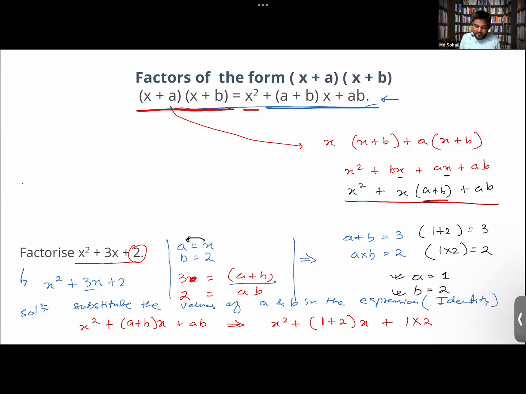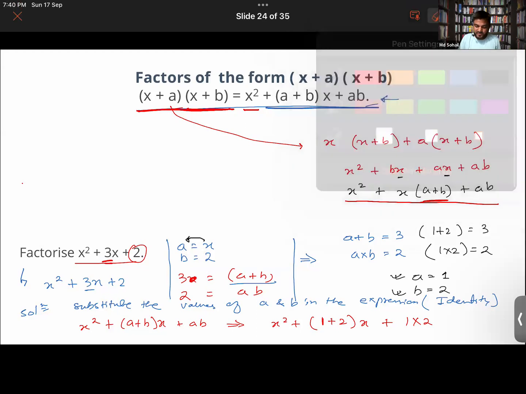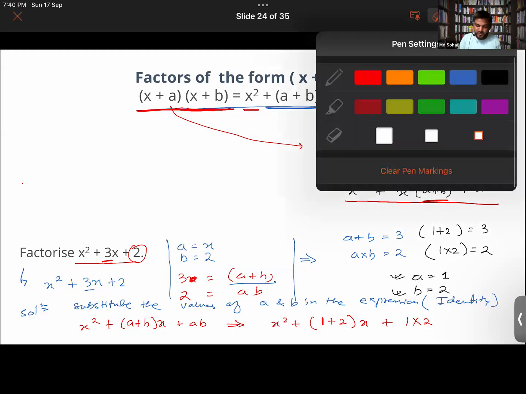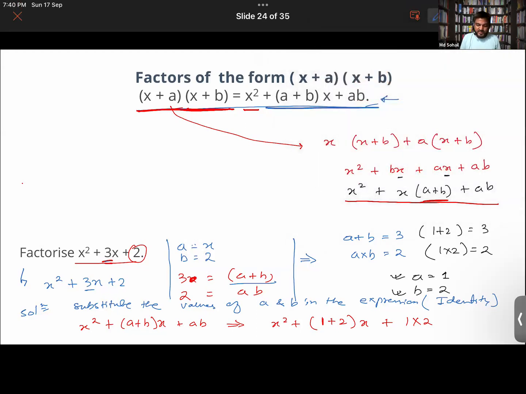Here you have represented this 3 as a plus b. Forget about this if it is confusing you. This 3 is simply the sum of the two constants a and b, and the last constant term, that is 2 here, is actually the multiplication of the two constant terms a and b.